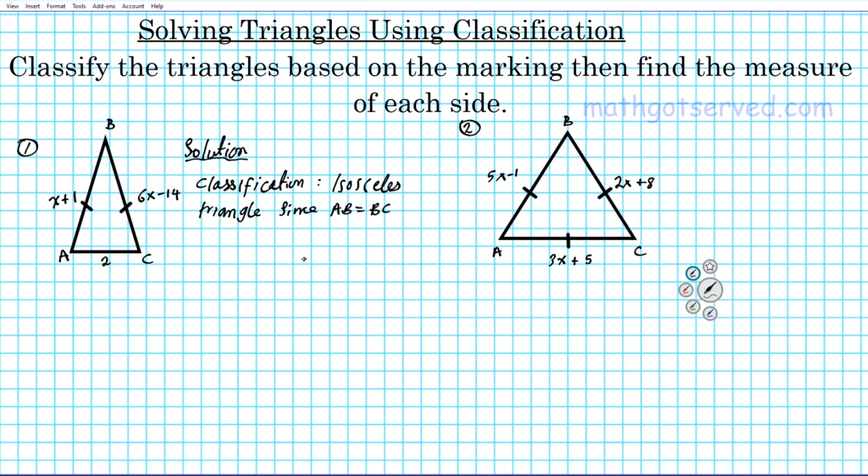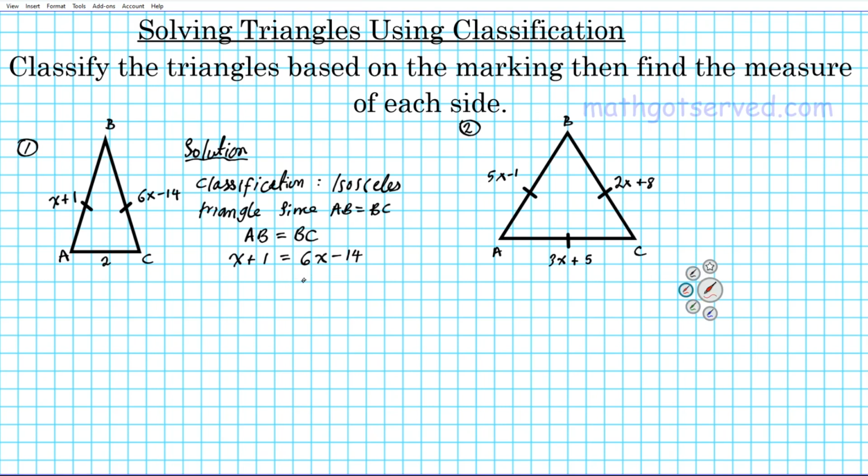The first equation we're going to set up is AB is equal to BC, since it's an isosceles triangle based on these markings. The measure of side AB is x plus 1, and that's equal to BC, which is 6x minus 14. Let's solve this algebraic equation.